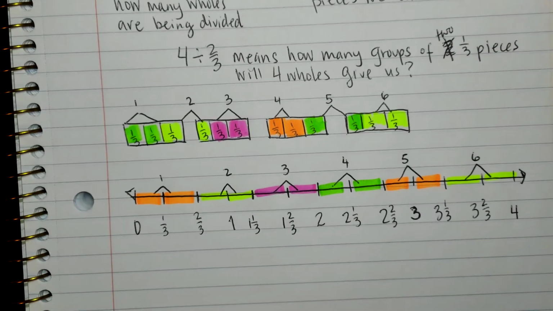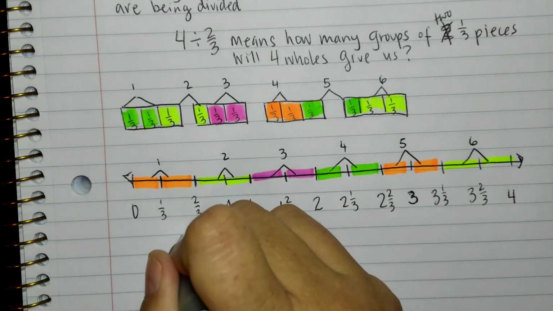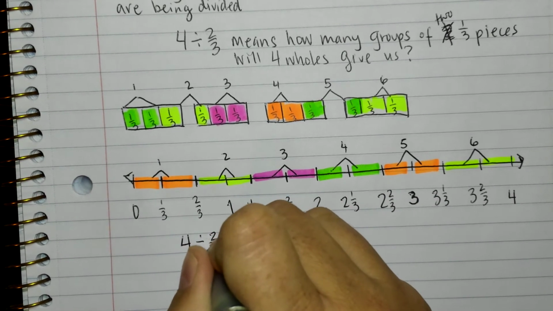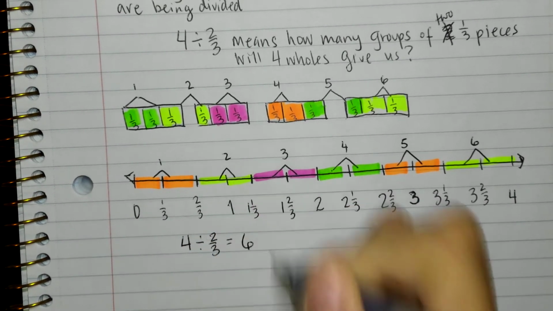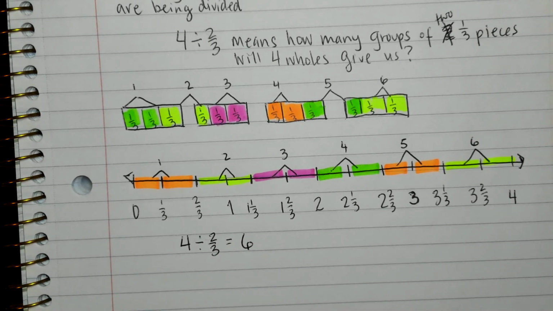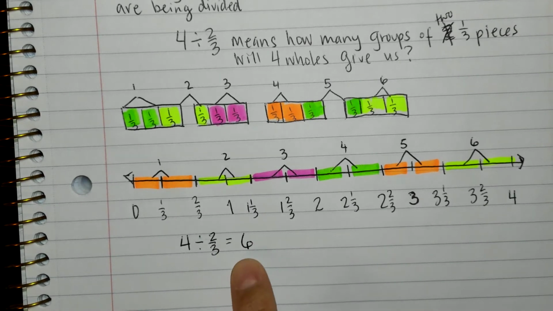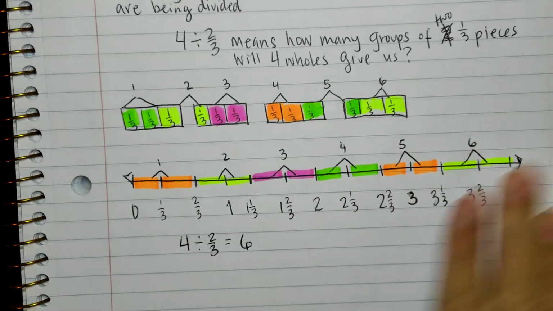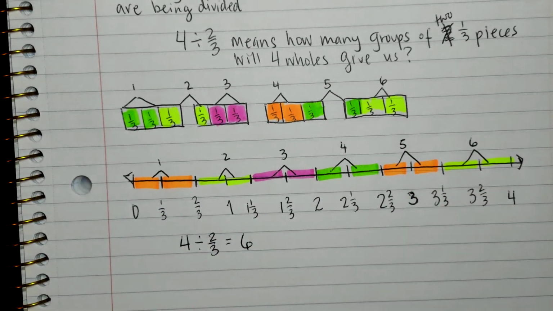And so now I can solve my equation. 4 wholes divided by 2/3 is 6. And now because I know my answer is 6, I can see it. I can see why that's my answer.